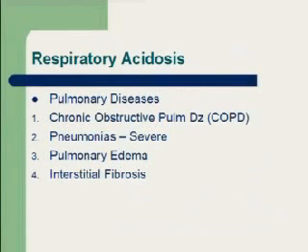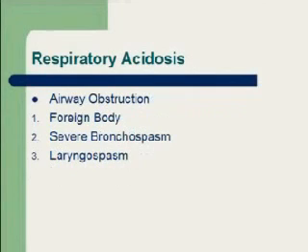Now, respiratory acidosis can occur in patients with significant pulmonary diseases, chronic obstructive pulmonary disease, pneumonias that are severe, pulmonary edema, and interstitial fibrosis. Respiratory acidosis, airway obstruction, foreign body, severe bronchospasms or laryngeal spasms.